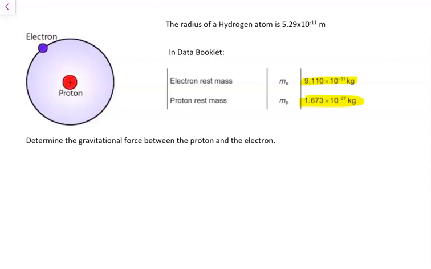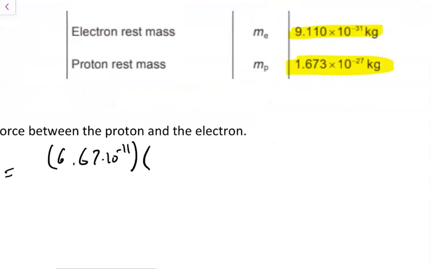So I have the two masses. I know my gravitational force is equal to GMM over r squared. So I have 6.67 times 10 to the negative 11th times capital M, which doesn't matter which one I use.